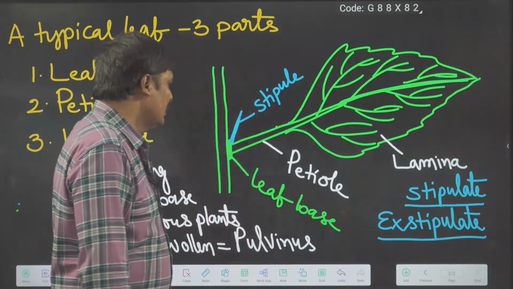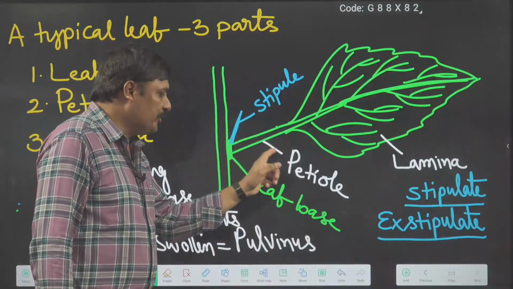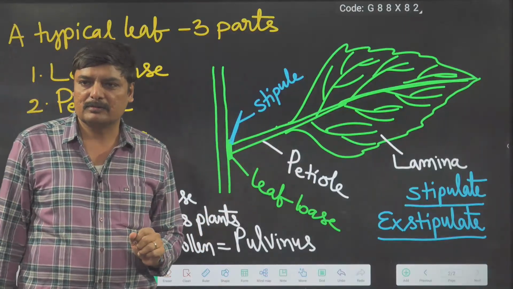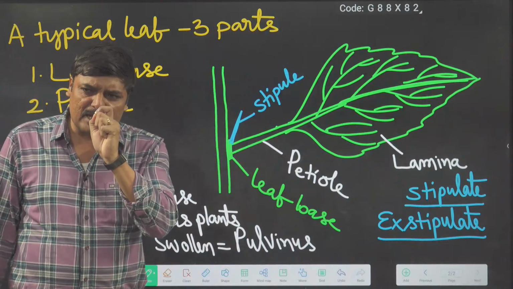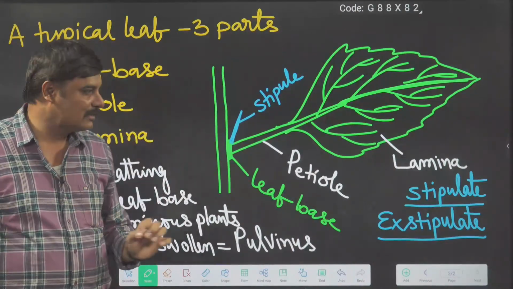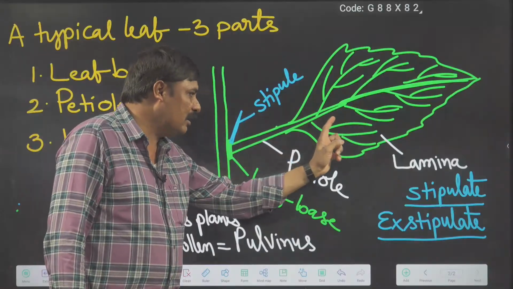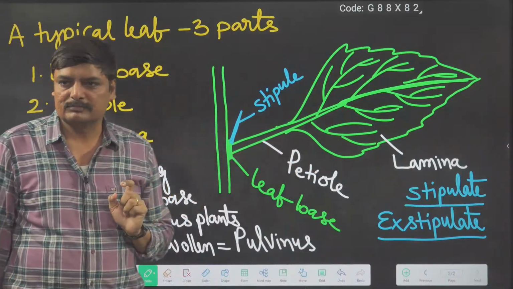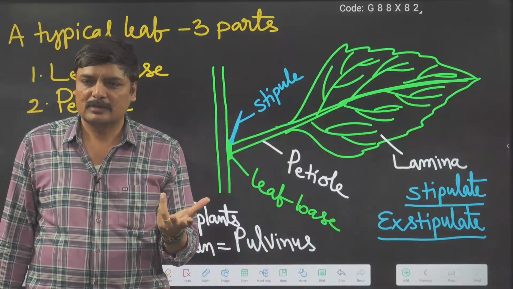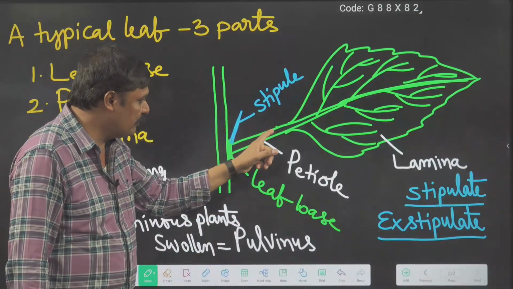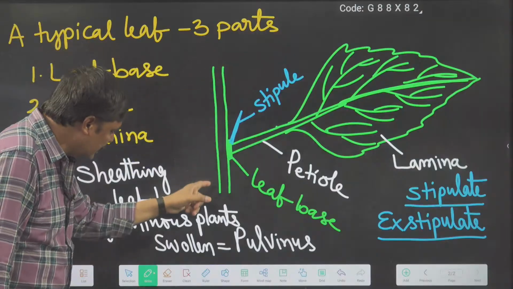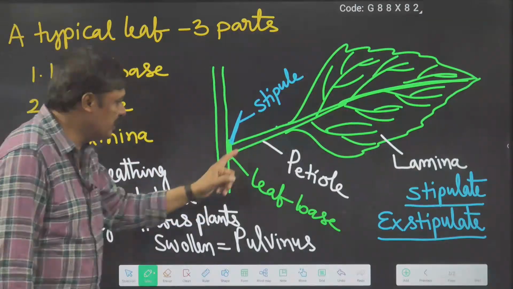Next, petiole. The part of the leaf that connects the lamina with the stem or leaf base, whatever you call. The part of the leaf that connects the lamina with the stem or branch is called petiole.